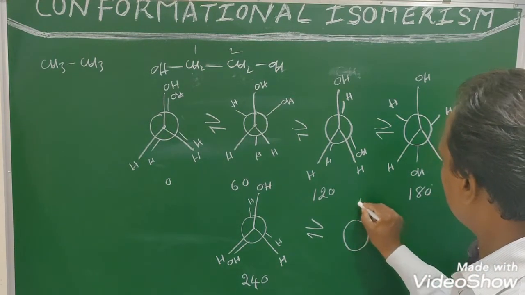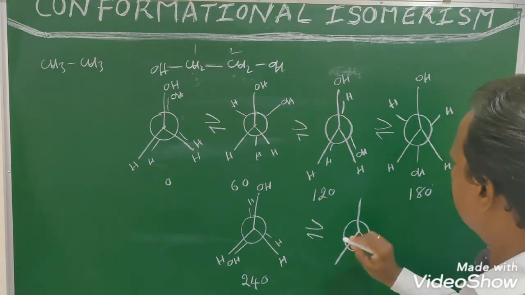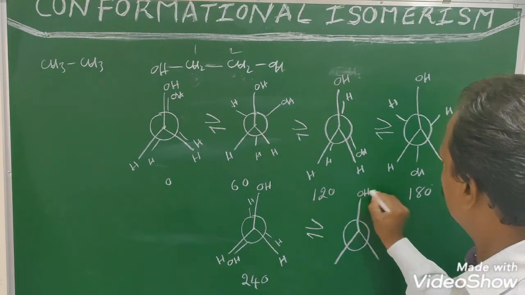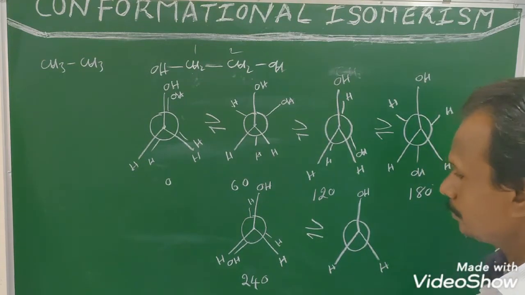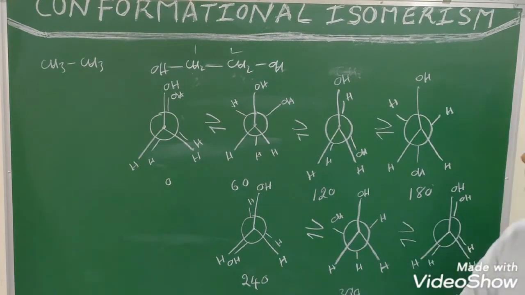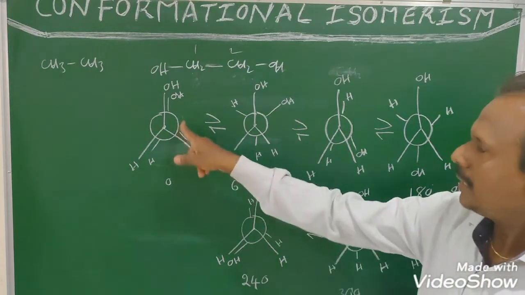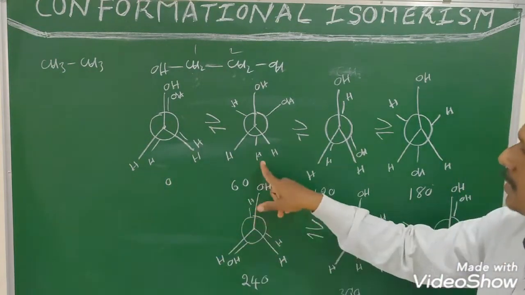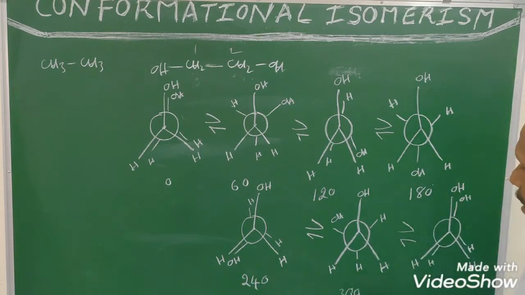Next conformation, the dihedral angle is 300. These are the conformations of ethane diol. Here dihedral angle 0, 60, 120, 180, 240, 300, and 360.